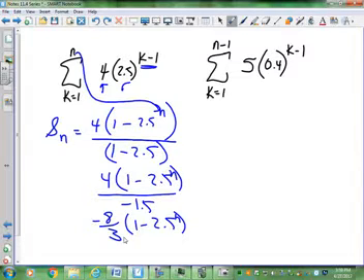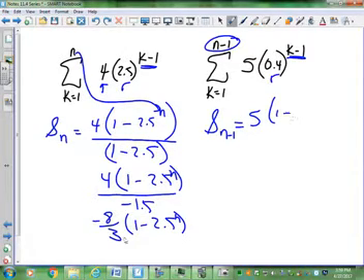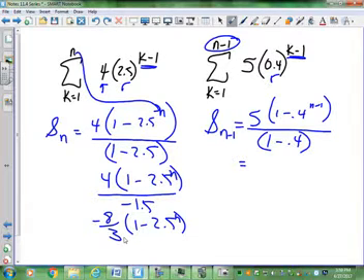Let's try that again. S sub n equals, actually it's S sub n minus 1 equals, because you're putting in n minus 1. Your first number is 5 because you still have that. Here's your R. 1 minus 0.4 to the n minus 1 power, all over 1 minus 0.4. So you're going to subtract the bottom and divide it into 5.